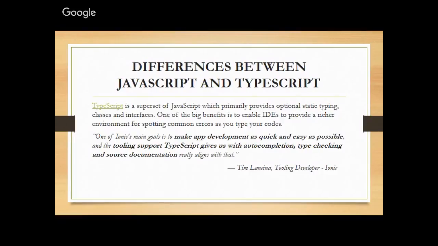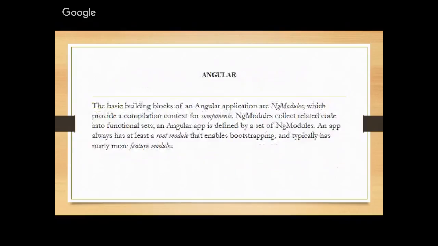It can be frustrating when you are using JavaScript and, when you run your code, there's an error that you have to hunt down. With TypeScript, it already tells you where the error is and that you have to fix it before your code will run at all.